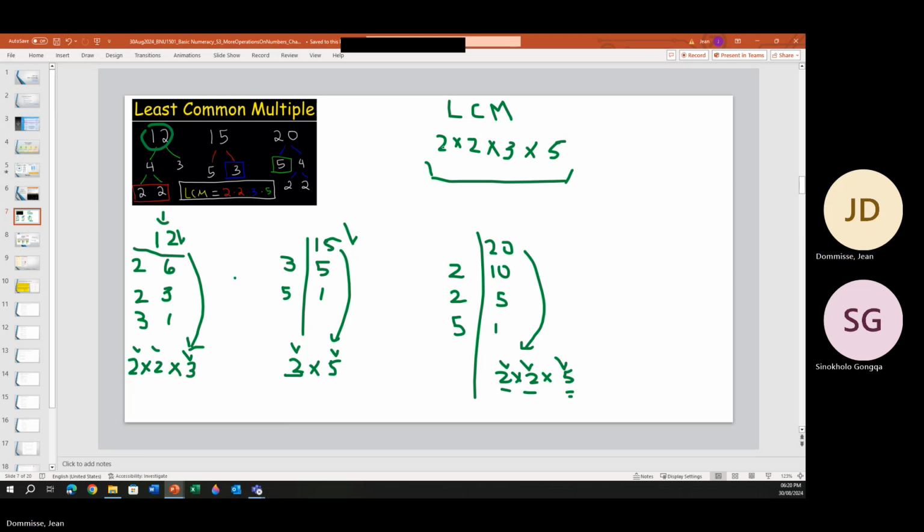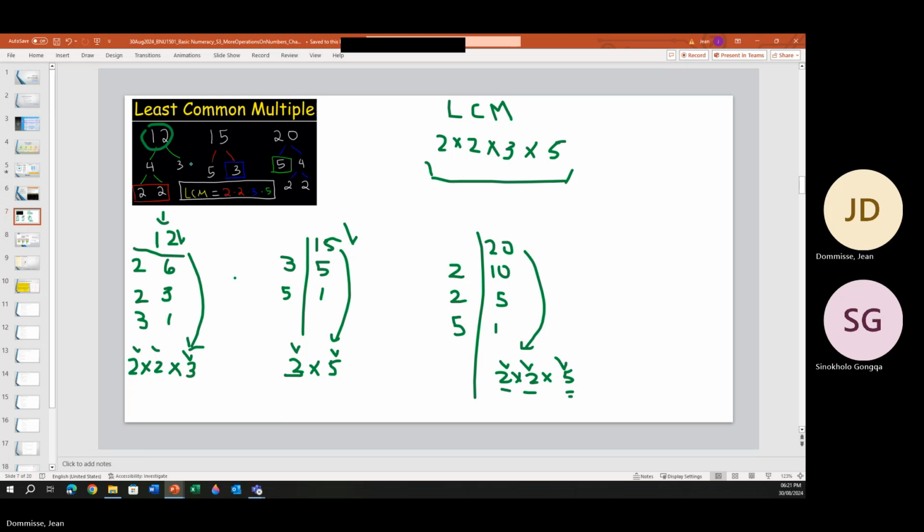So 2 times 2 times 3 would have given me the 12. 3 times 5 would have given me the 15. And 2 times 2 times 5 would have given me the 20. So that is basically how we have gotten to that least common multiple.